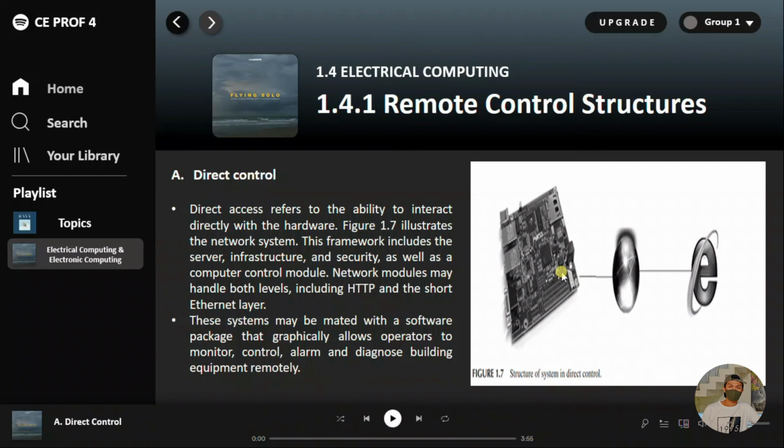So this system may be mated with a software package that graphically allows operators to monitor, control, alarms, and diagnose building equipment remotely. A single control system is included with an 8-bit microcontroller and internal controller.